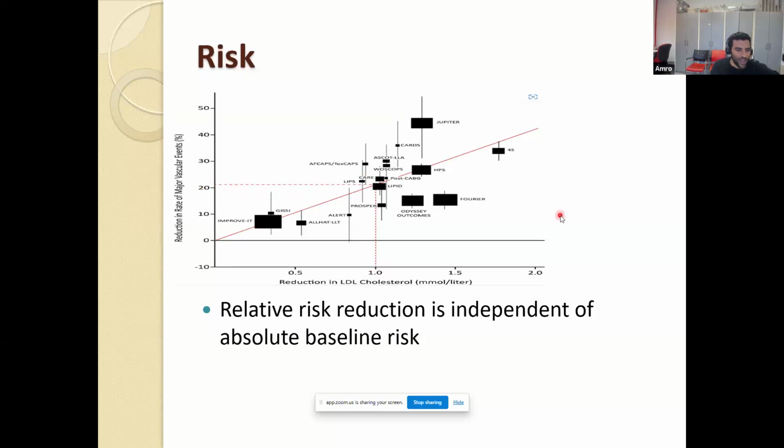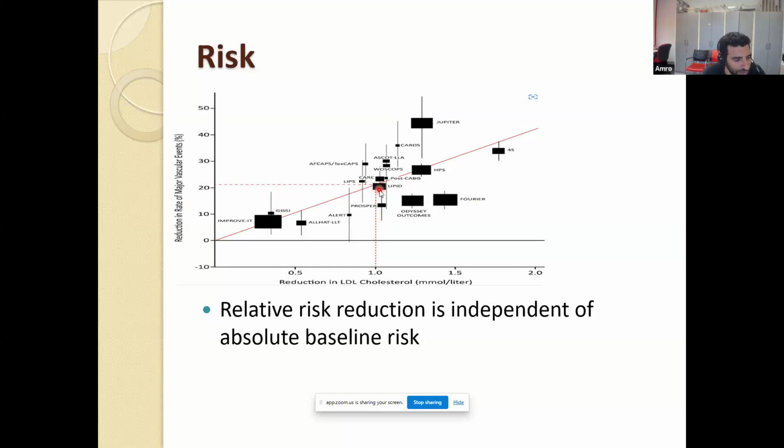Whereas if you've got established heart disease, you've got cardiovascular disease, you've had frequent MIs, or you're really high risk, you'll still get a 25% relative risk reduction, but your absolute risk reduction will be much greater, which is part of the reason why we don't offer statins to everyone.